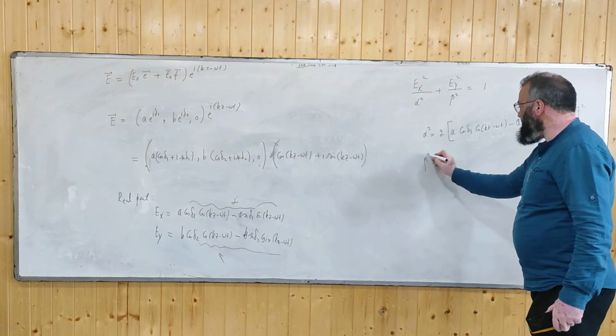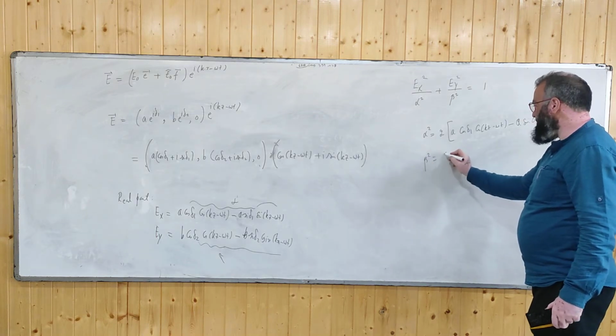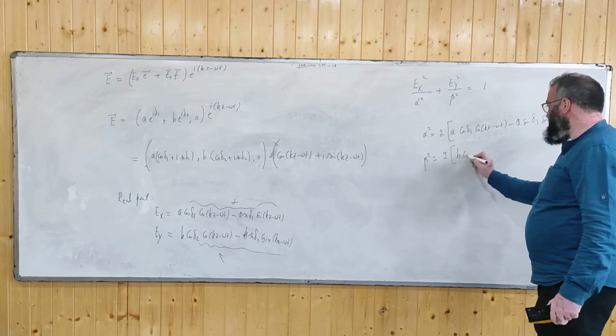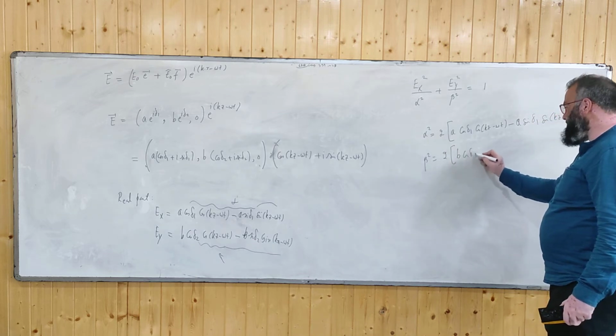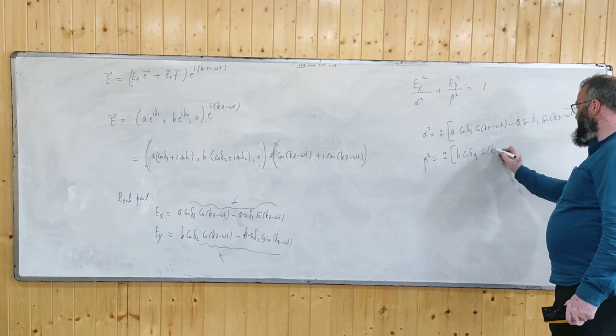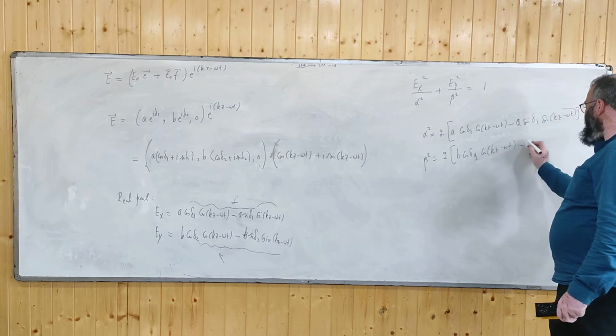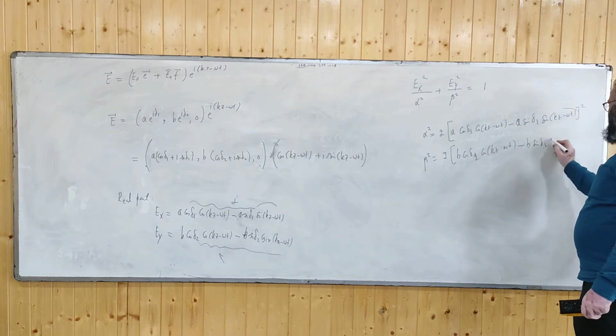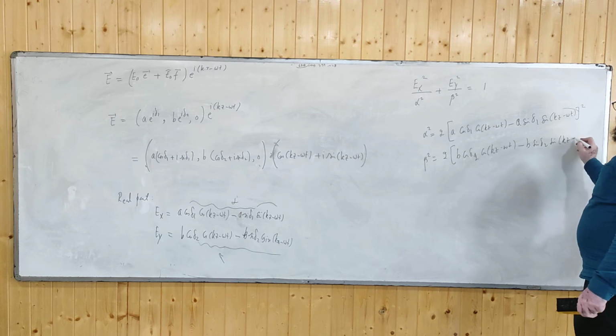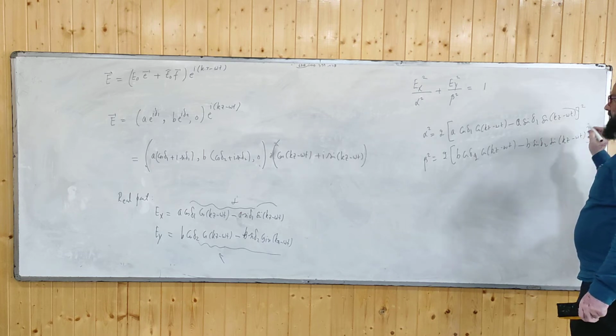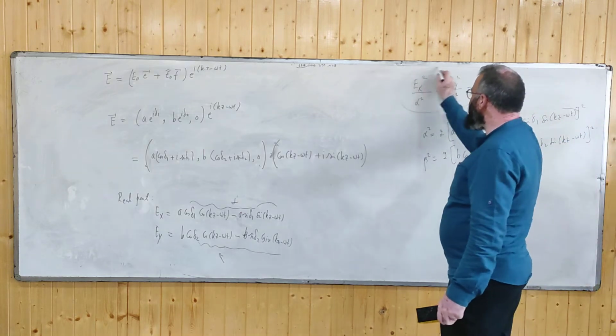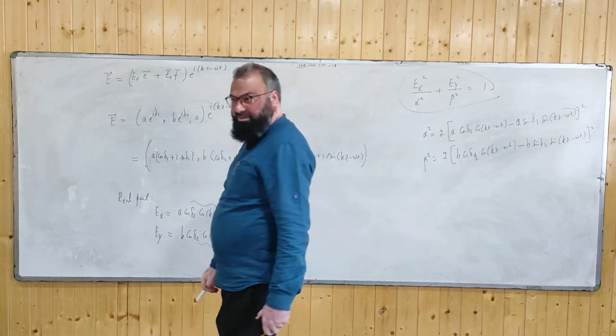And similarly, what is beta square? That is twice B cosine of delta 2 cosine of Kz minus omega t minus B sine of delta 2 sine of Kz minus omega t, whole square. Okay? So what is this equation? Equation of an ellipse.